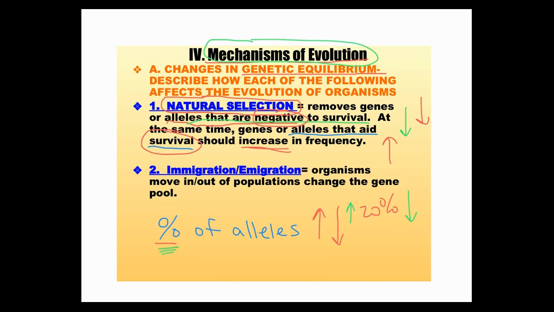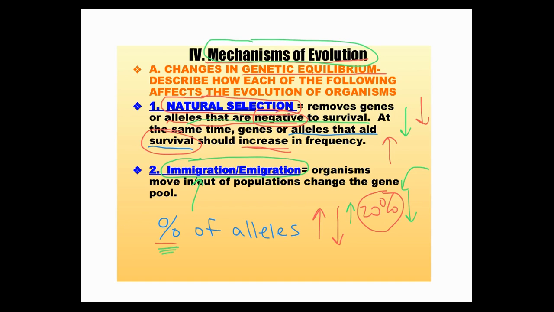Another obvious thing that can change the frequency or percentage of alleles in populations is immigration and emigration. Earlier I guessed 20% blue eyes in our classroom, though I don't think it's that high. But what if we had some foreign exchange students, some immigration from, say, Sweden? Blue eyes and blonde hair, those alleles are extremely common in Sweden.